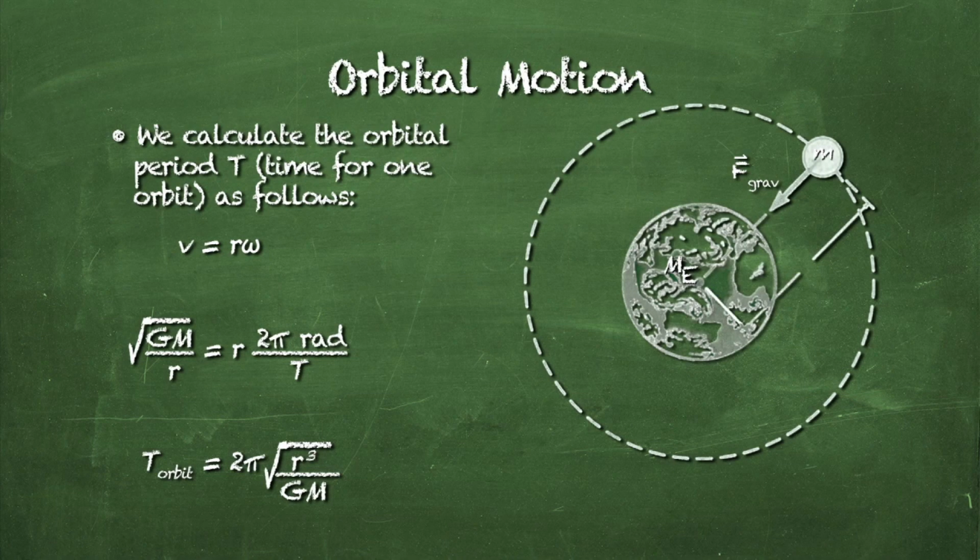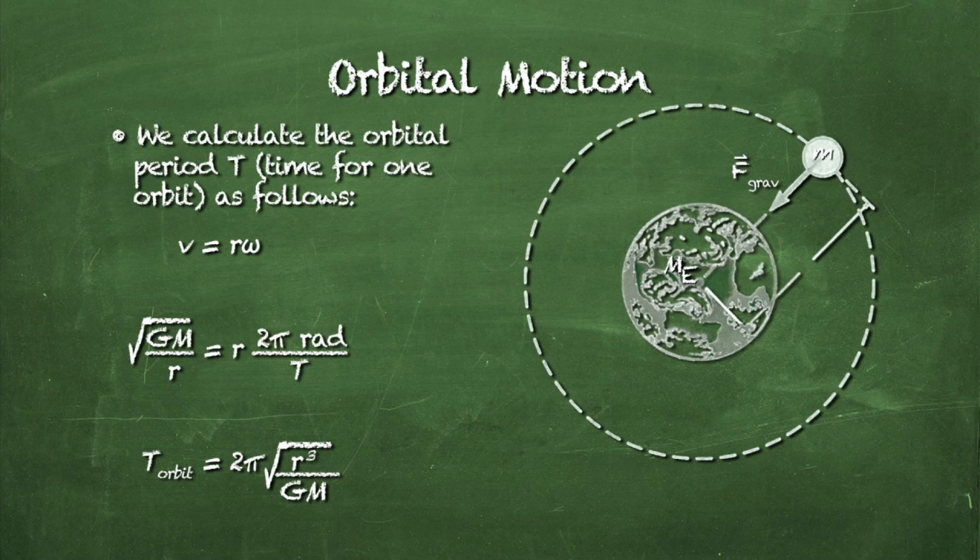For v, the orbital speed, we can substitute in the square root of big G times big M over r, and that's equal to r times the angular speed. The angular speed would be 1 revolution per 1 period, which I'll write as 2 pi radians divided by big T, being the orbital period.